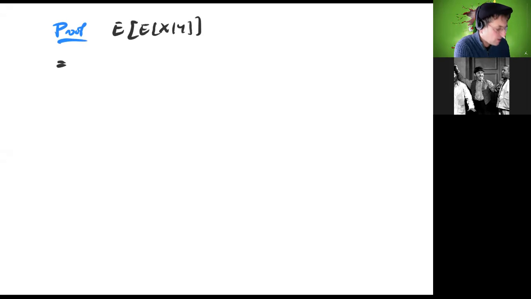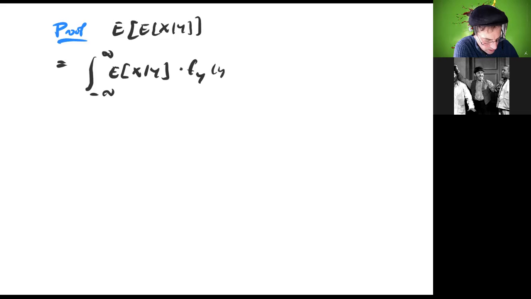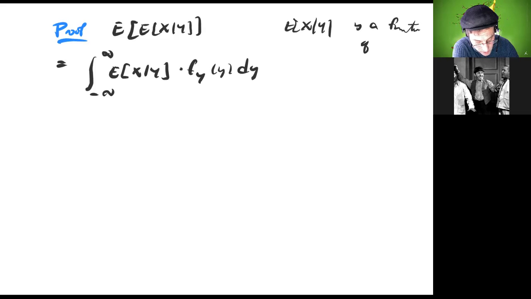By definition, if you have any function, its expectation is given by that function integrated against the density. So this is going to be the integral of E[X | Y = y] times f_Y(y) dy, because this is a function of y. And this thing inside, E[X | Y = y], is a function of y. It's a random variable in y.